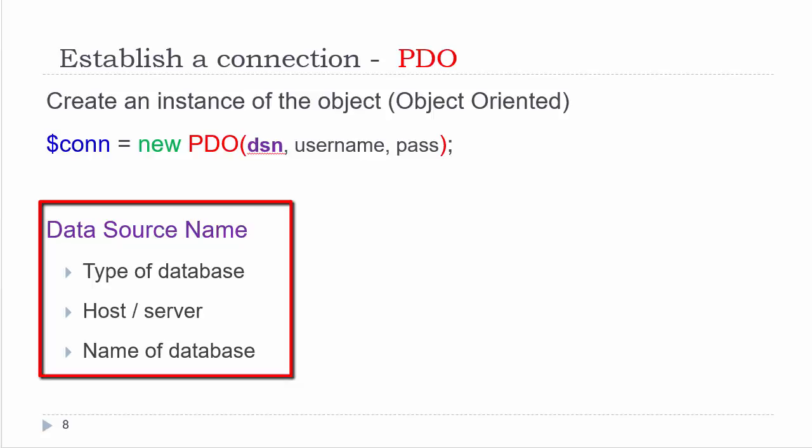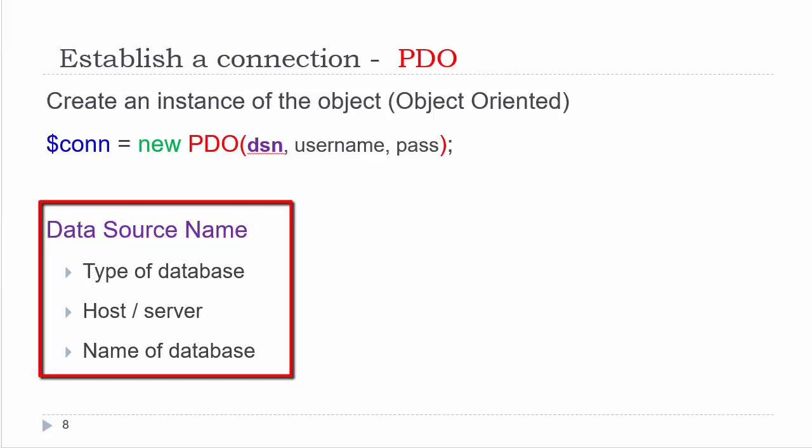It could connect to an SQL server, Microsoft database, an Access database, an Oracle database. The MySQLi extensions, or the object-oriented approaches, only work with the MySQL database. So this is one reason why PDO might be used other than MySQLi.